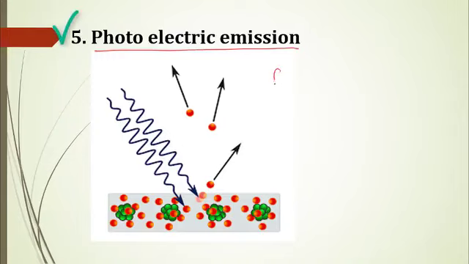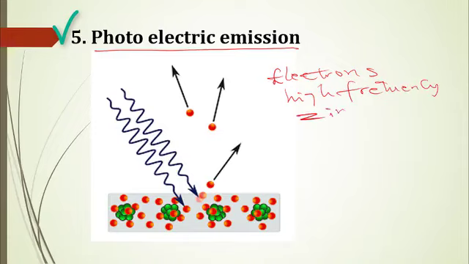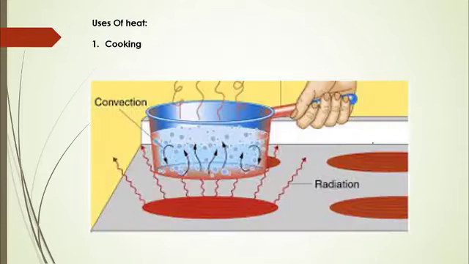Photoelectric emission is also the emission of electrons when sufficient light of very high frequency is focused or illuminated on that particular surface. For example, when you focus a very high frequency of light on a zinc plate, electrons can be emitted from the surface of this zinc plate, and that's what we call photoelectric emission.